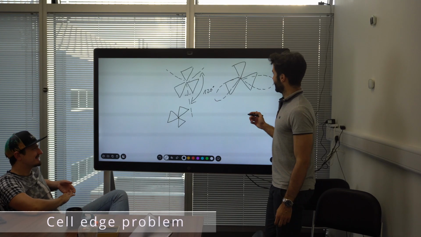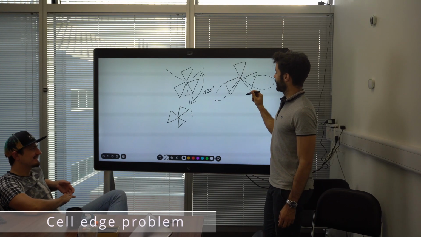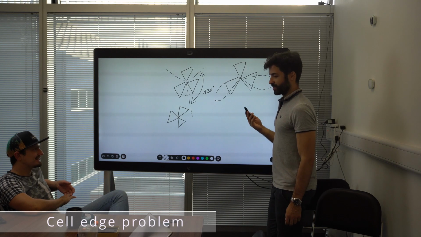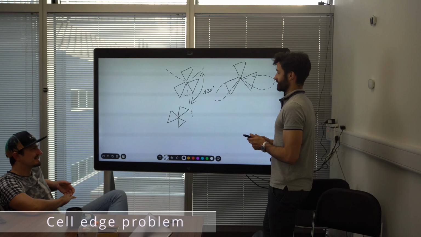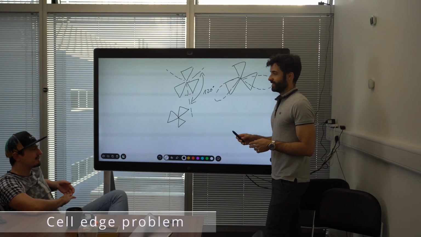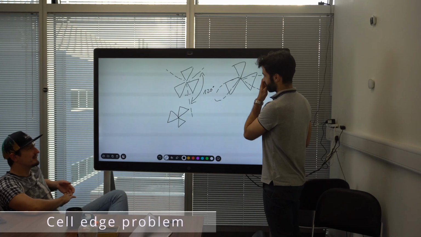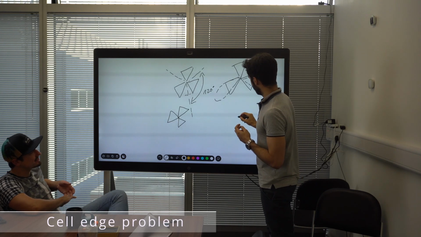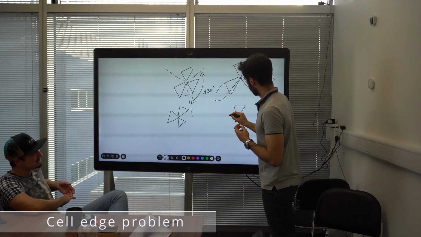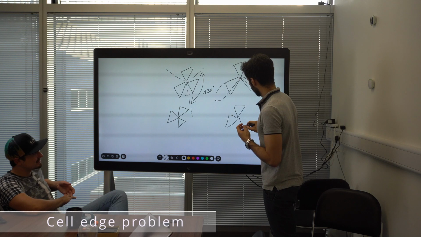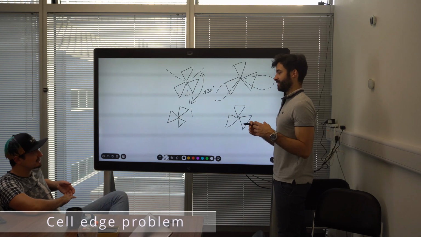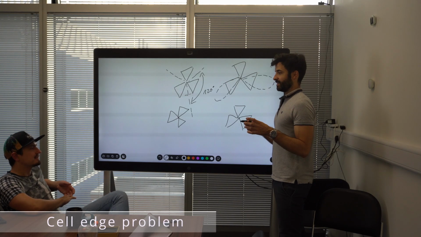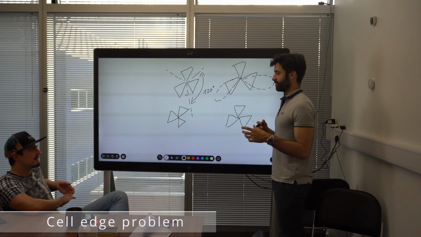Very dense, yeah. And this fact leads to a very common problem since the first iterations of cellular networks, which is the cell edge problem. I will draw another base station here. The cell edge problem is basically the frontier between sectors of the same site or different sites.